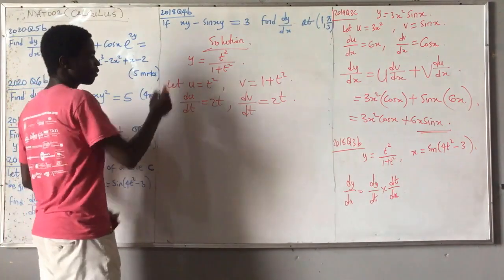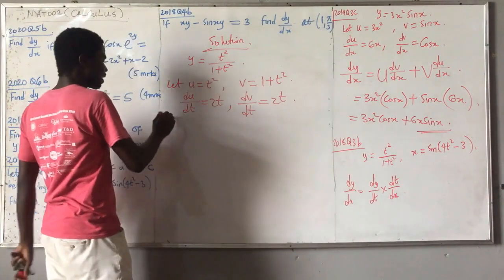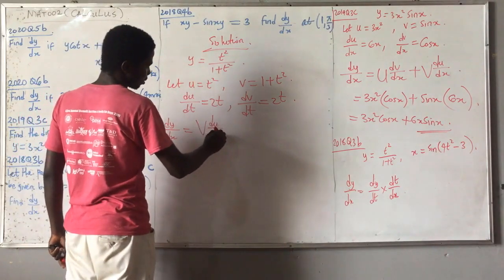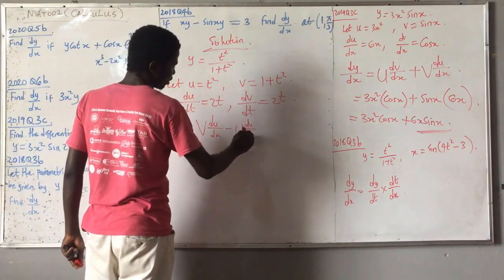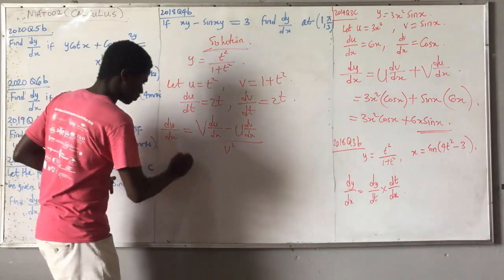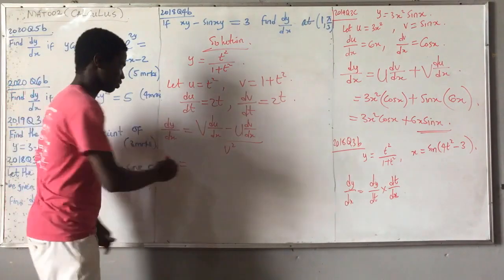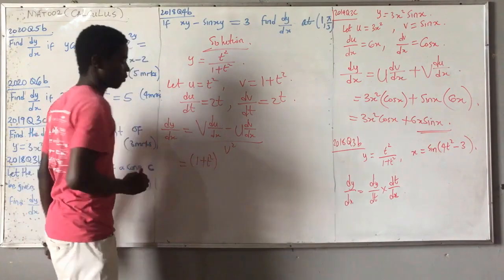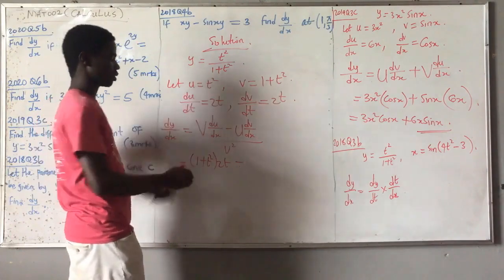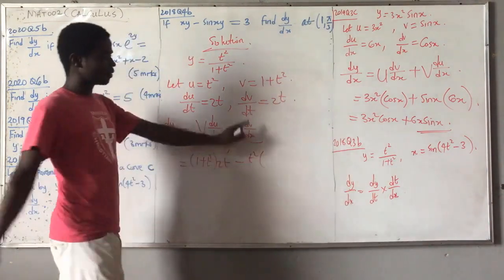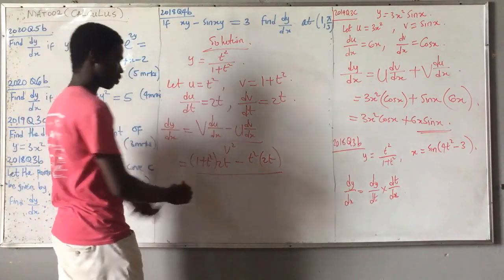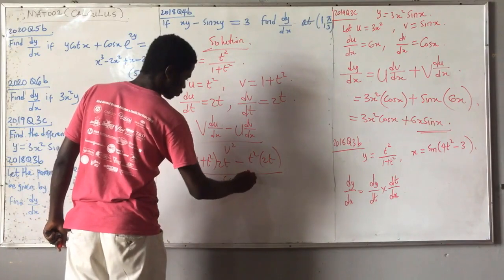Now for dy/dt, don't forget this is the quotient rule. So dy/dt for the quotient rule is v du/dt minus u dv/dt, all over v squared, right? What is v? 1 plus t squared. du/dt is 2t, minus u, what is u? t squared, dv/dt is 2t, all over v squared, 1 plus t squared all squared.